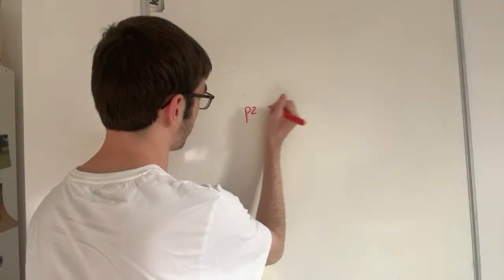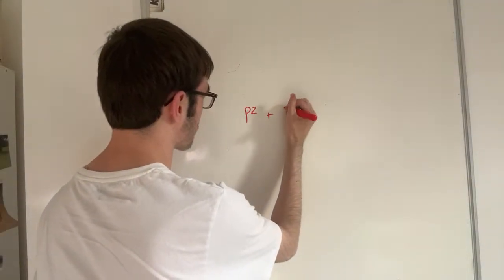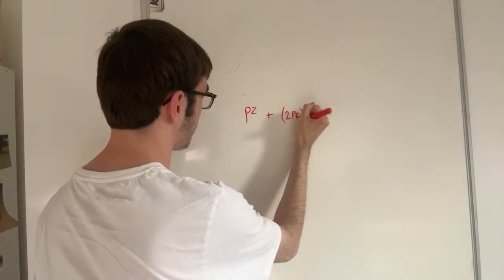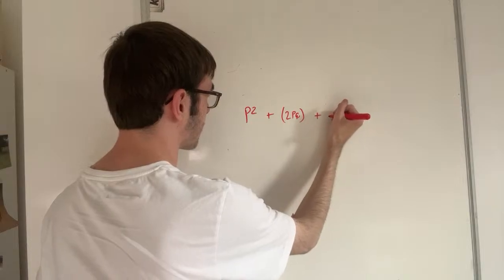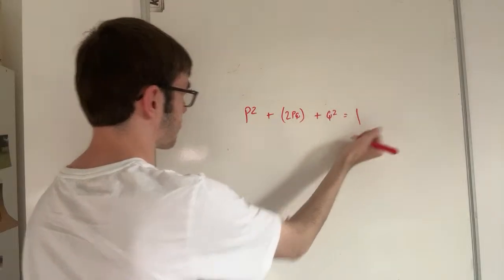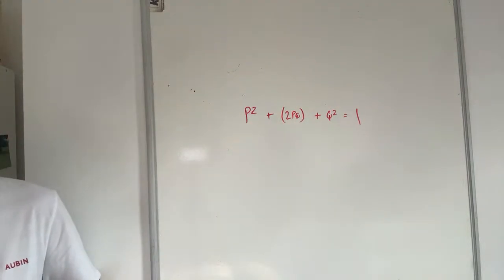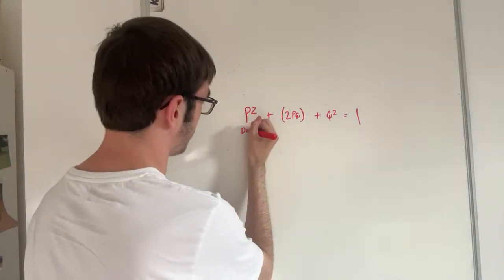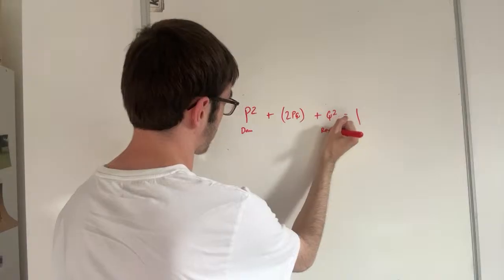Hold on, it's p, okay, hold on. It's p squared plus, I think, 2pq plus q squared equals what? I think? Obviously, one of them is the dominant, one of them's the recessive.